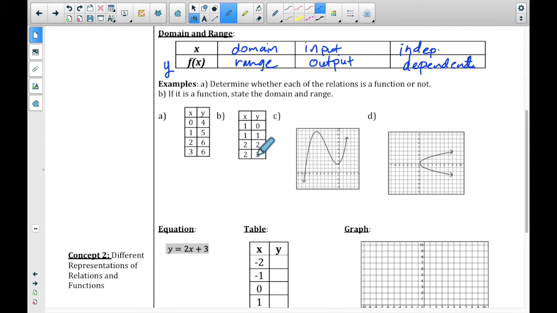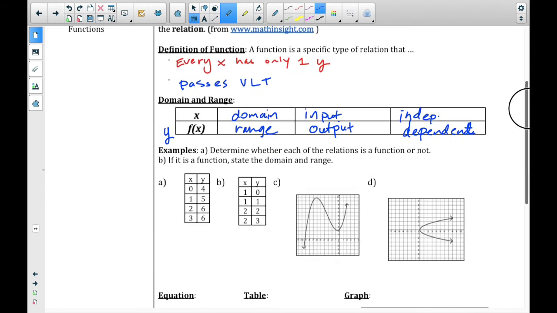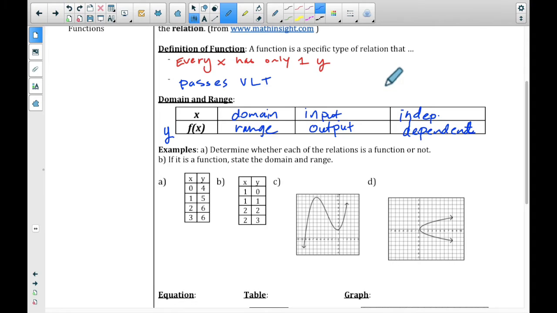Okay, some examples. Is each of these a function or not? We look for those two things in the definition: every x has only one y, or does it pass the vertical line test? Quite honestly, the vertical line test is the easiest thing, I think, when we look at graphs. Do you remember the vertical line test?